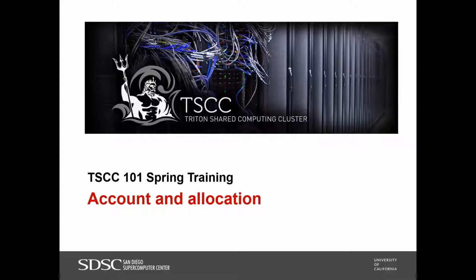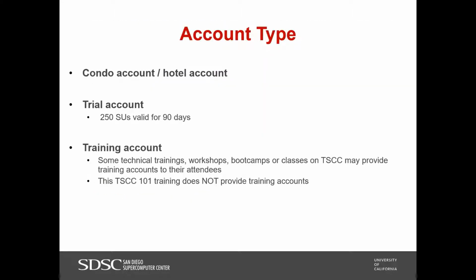Okay, next we are going to have some quick learning about the account and the allocation, because I know many of you already have an account, so we are going to learn this part very quickly. How about the account type? Shubha already mentioned that we have the condo program and the hotel program on TSCC.